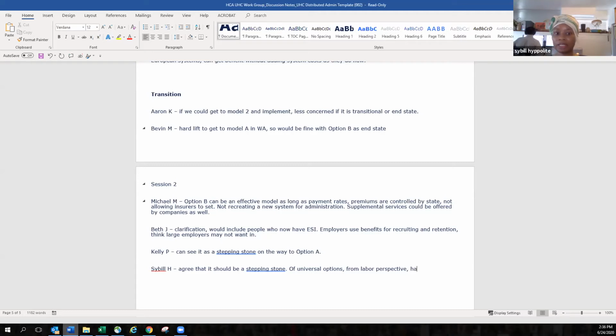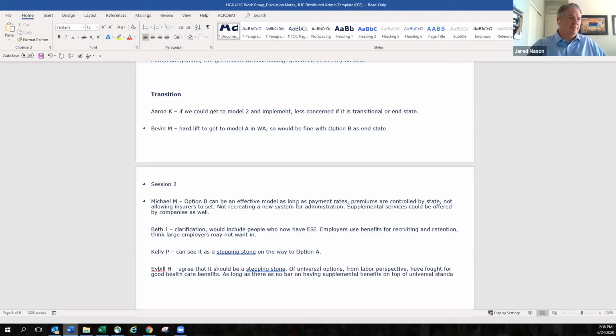I think the place we've come to on this is that as long as there's a possibility to offer supplemental benefits and there's no prohibition against that, we would be okay with it, to ensure that there is a possibility for additional health benefits on top of this universal standard for everybody. Thank you. And Don?